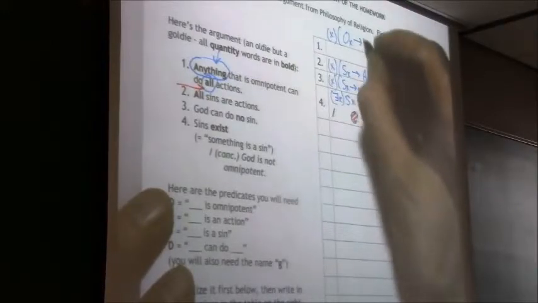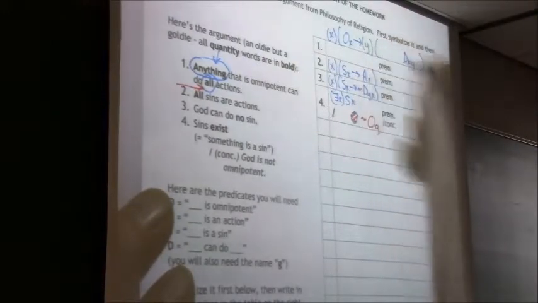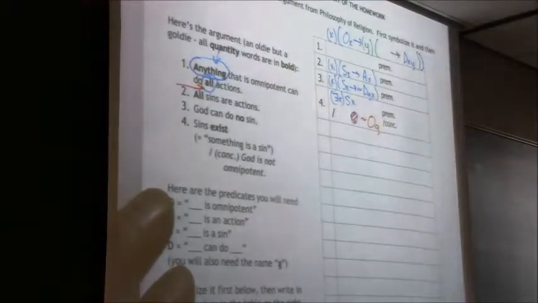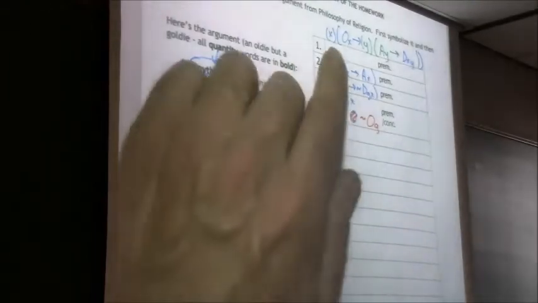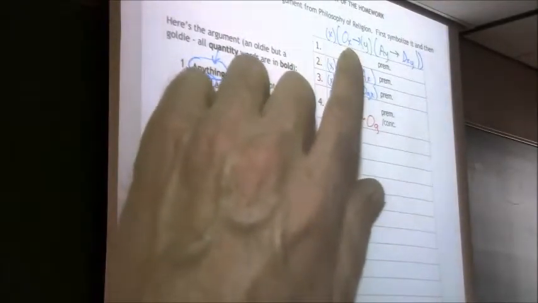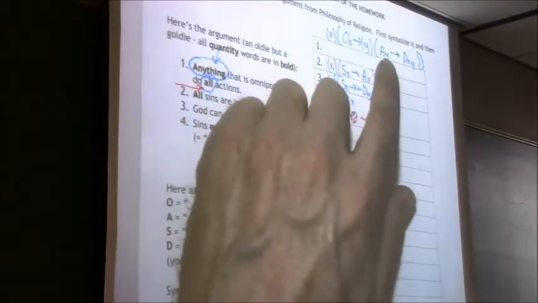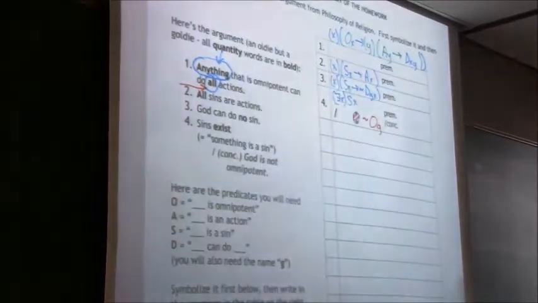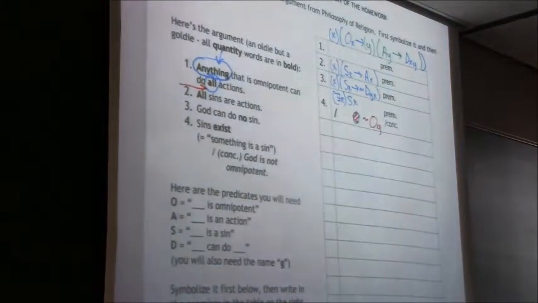Y. Okay, so it's going to have Y, and then there's going to be a conditional. What is Y? That's right. So for everything in the universe, if it's omnipotent, then for all things that are actions, the omnipotent thing can do the action. There you go. All right. We have symbolized the argument.